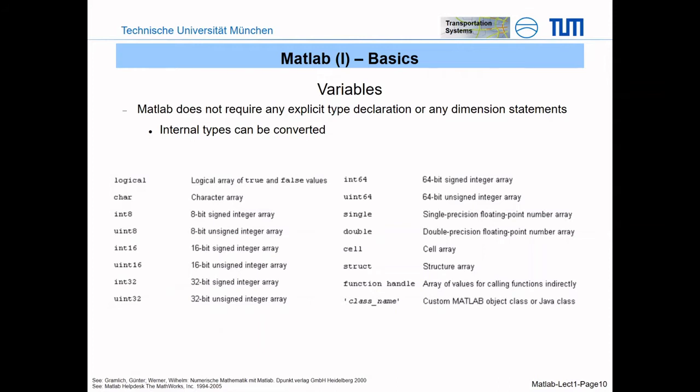And therefore, for example, if you have to read binary files, then you have to know which data type is used for which value, and therefore you have to select the specific data type. And here are all of the data types which are available. So you have int32, which is the standard integer. You have the long int64, which is the long integer version. And you have it in the signed and unsigned version.